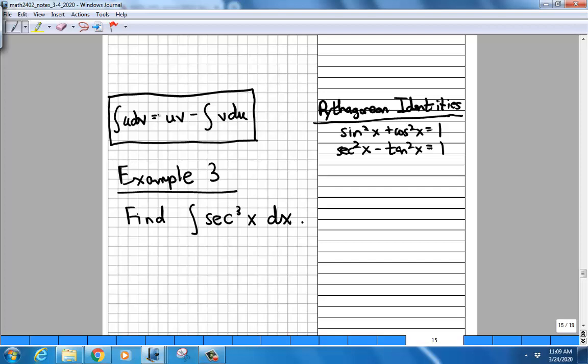That's equal to u times v, where v is the antiderivative of dv, minus the integral of v times du.